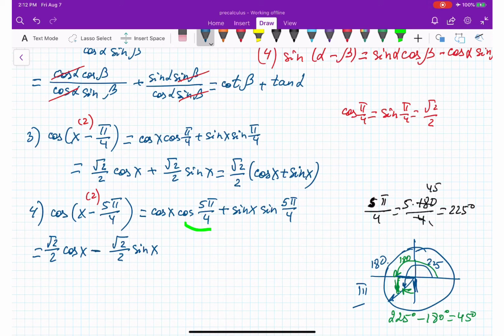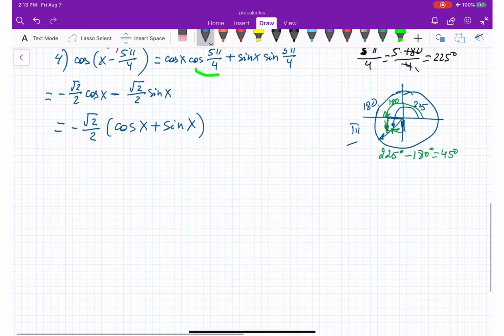All right, and here let me put it negative too. So what do we get here? We are going to get negative square root 2 over 2. I take it out, and in parentheses I will have cosine x plus sine x. Okay? Okie dokie.